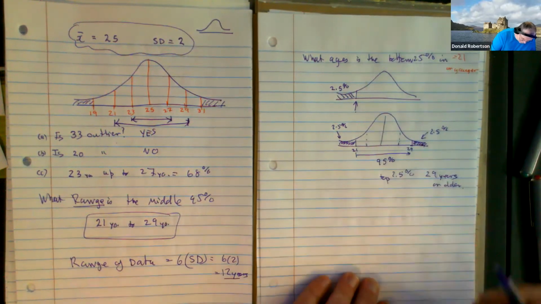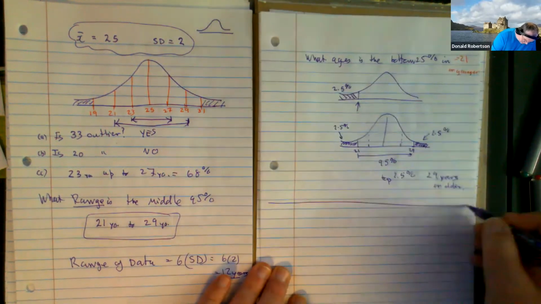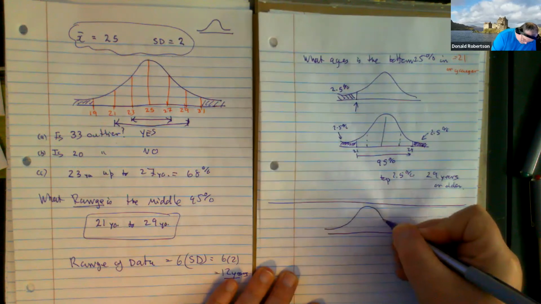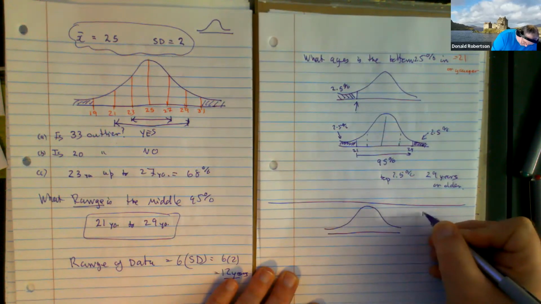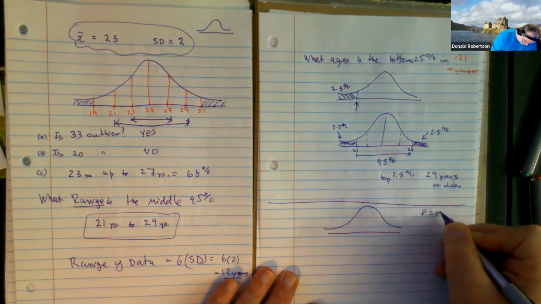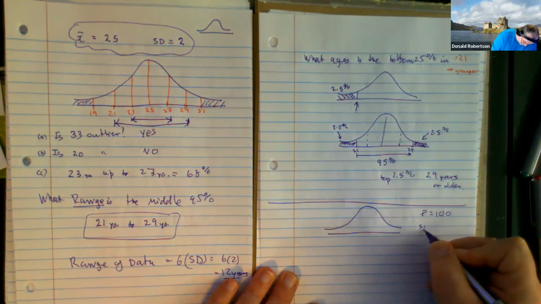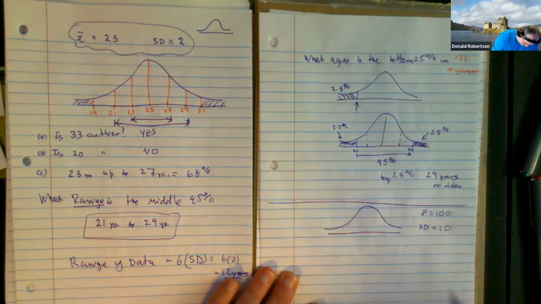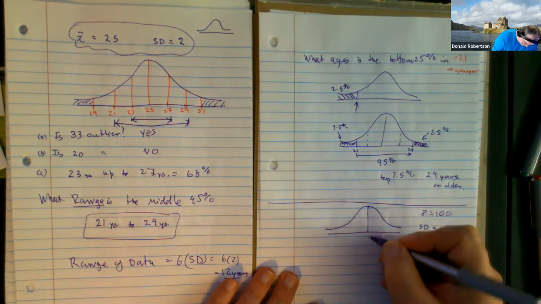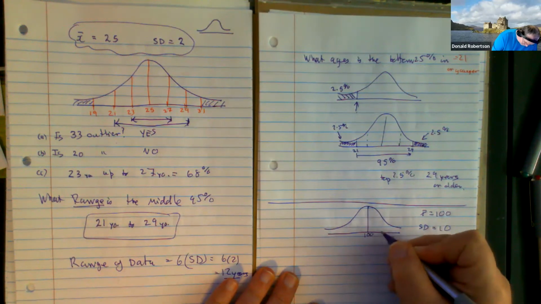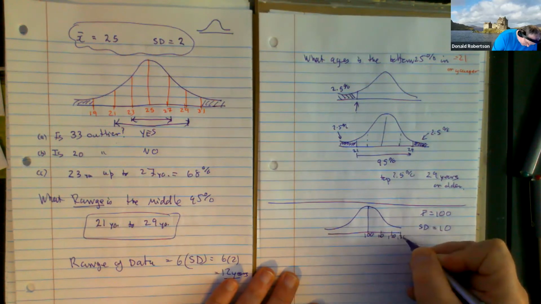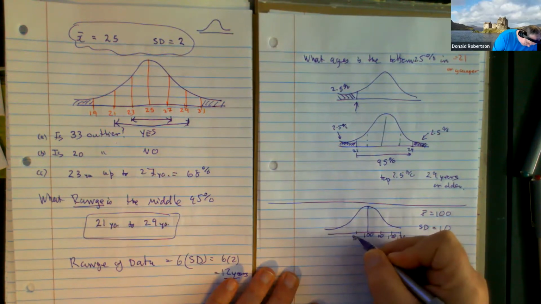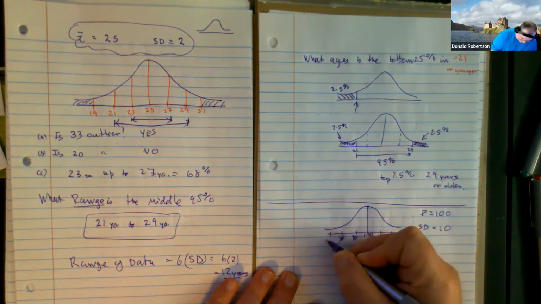So I'm going to do another one of these guys with IQs. So we know that the mean of IQs is 100 and that the standard deviation is 10. So this would be 100, 110, 120, 130, 90, 80, and 70.